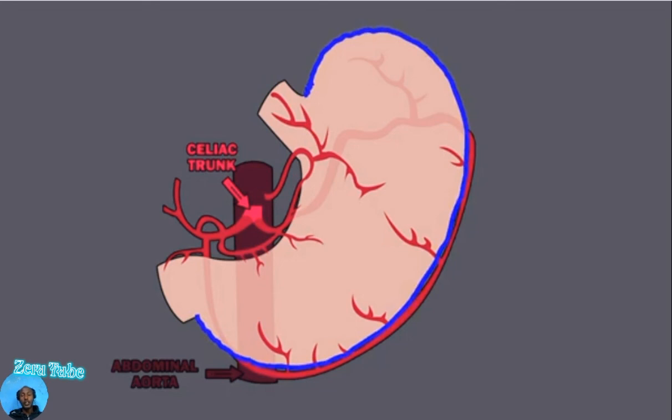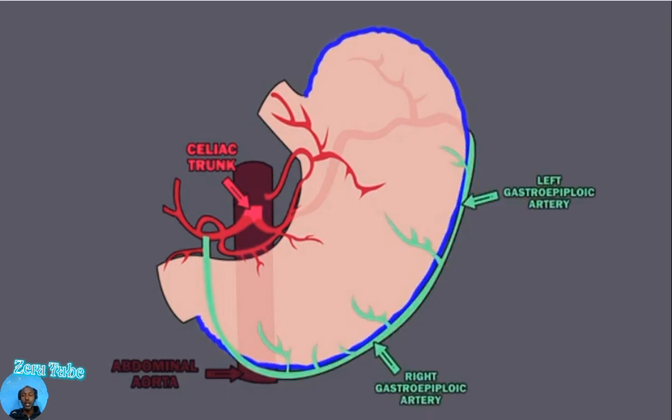So this is the greater curvature. The greater curvature gets its supply from the splenic artery as well as the gastroduodenal artery. The left gastroepiploic artery and the right gastroepiploic artery give blood to the greater curvature. There are two arteries that supply the greater curvature.